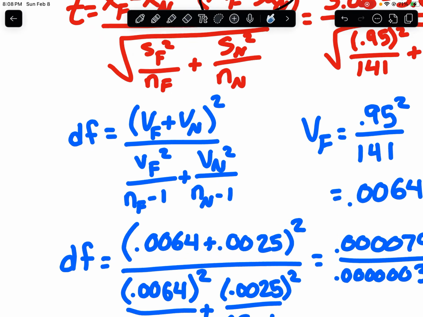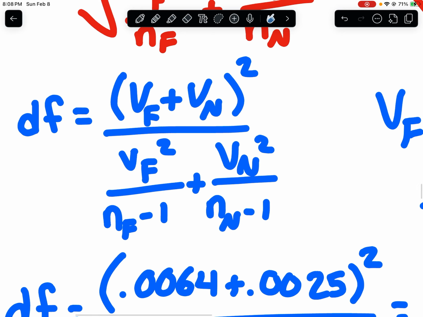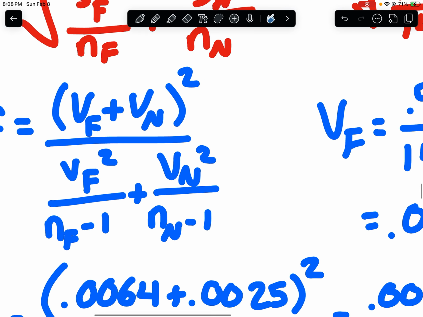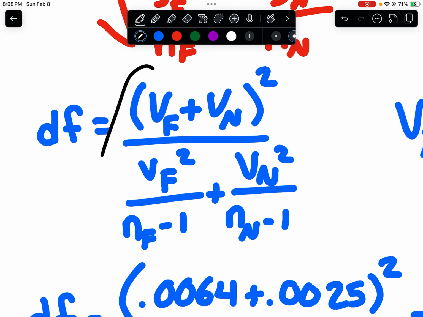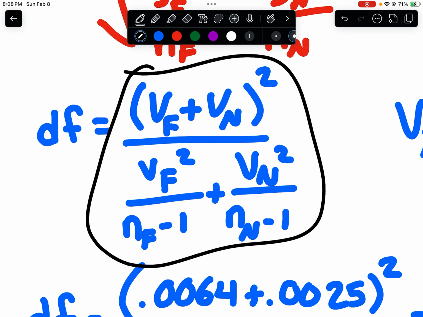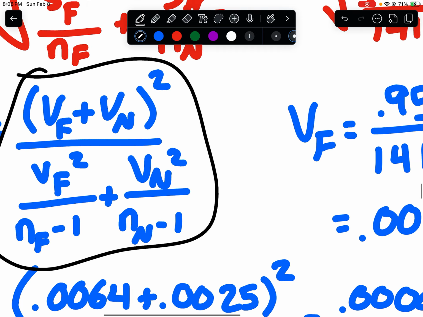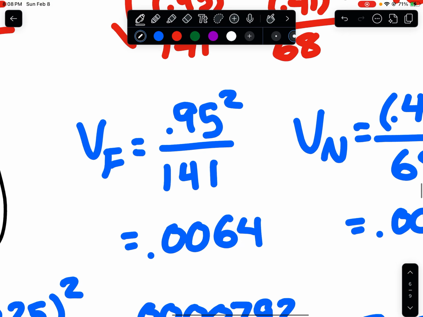I do still want to take this opportunity to look at that degree of freedom formula again, because we're going to need to be able to find that from time to time. It's this thing here. Again, find the V for Facebook and V for not Facebook.